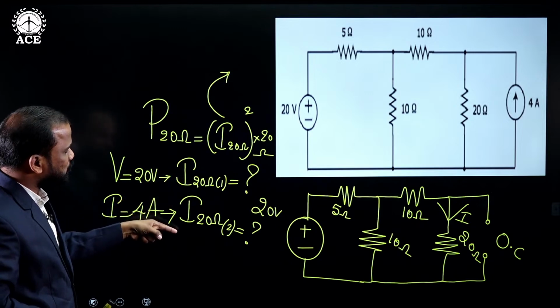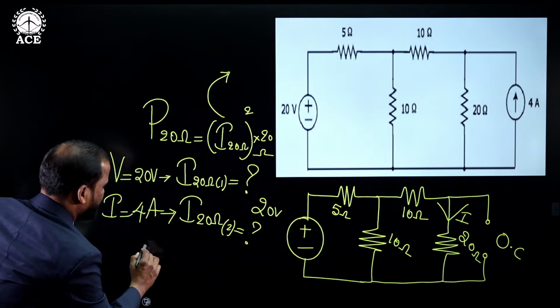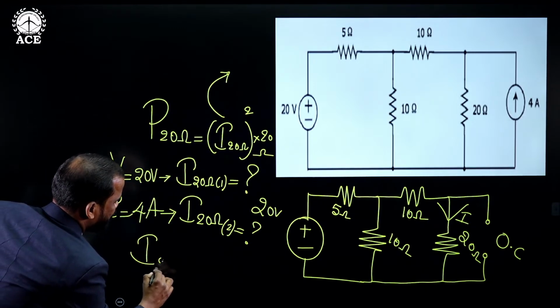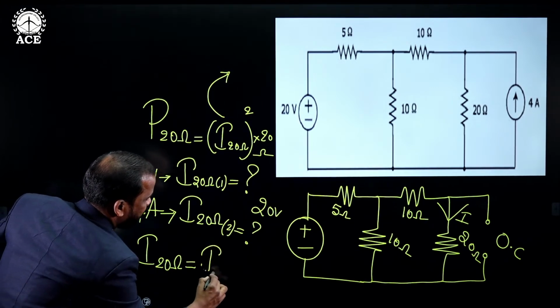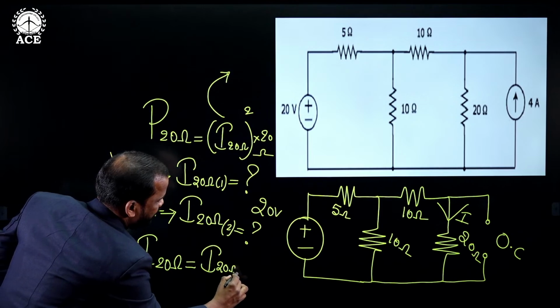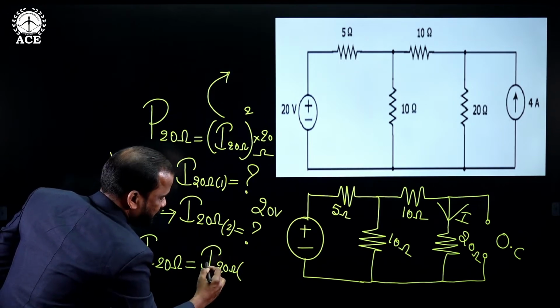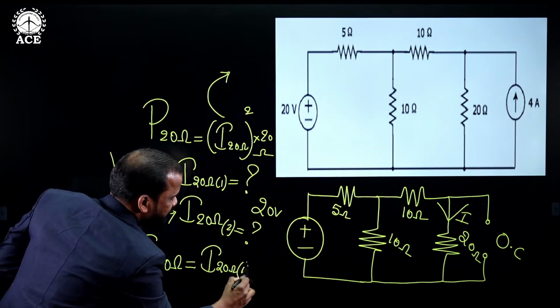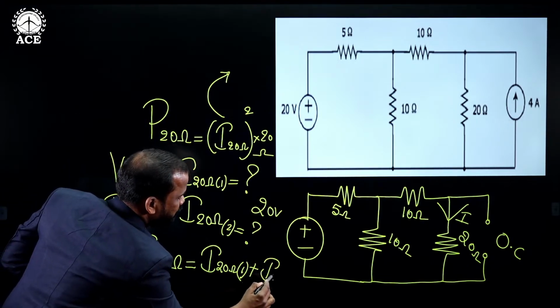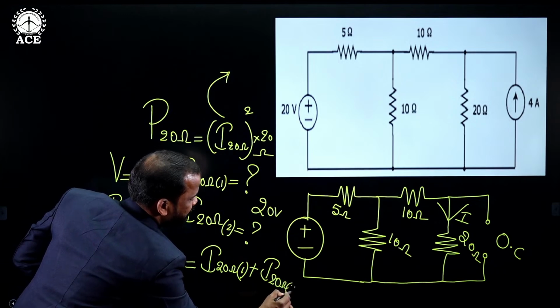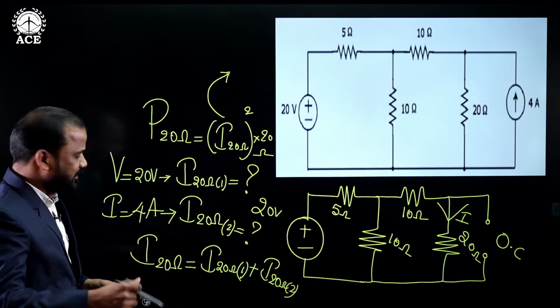After getting these two individual currents, what do we need to do? We need to find the total current flowing through the 20 ohms, which is the current when the voltage source is acting alone under case number 1, plus the current when the current source is acting alone.